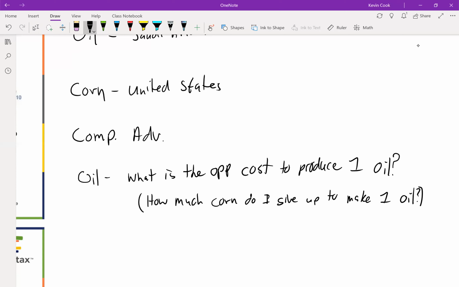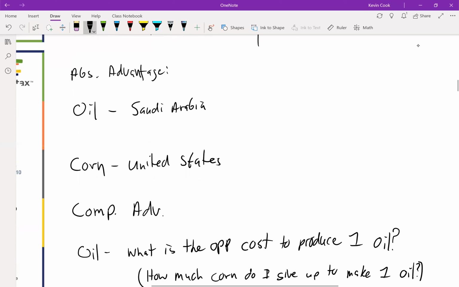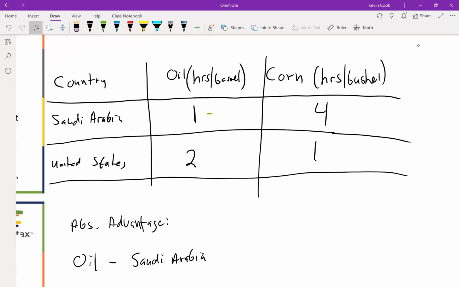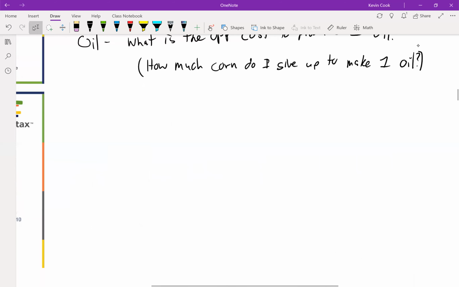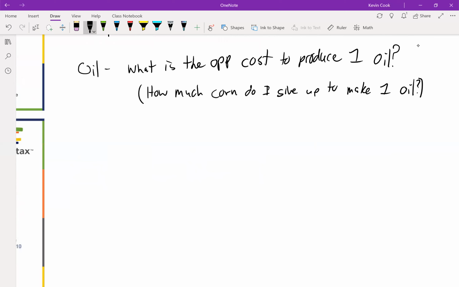That's another way to think about this. If we think about the US, it takes us 2 hours to make an oil or 1 hour to make a corn. So if I think about how many corns I can make in the same time I can make 1 oil, I know that in 2 hours, the US can make either 1 oil or 2 corn.